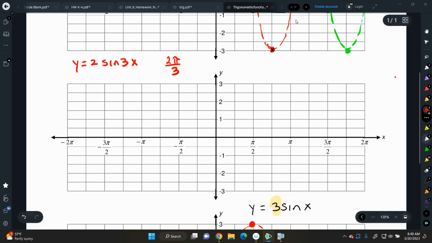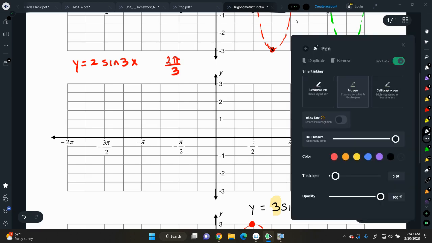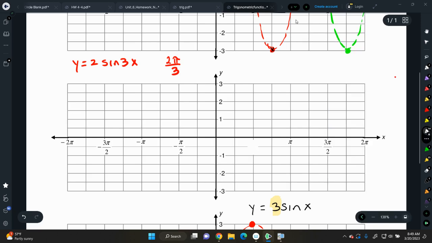So obviously I'm going to have to change my units here. My period is 2 pi over 3, so I'm just going to make this 2 pi over 3 right here.